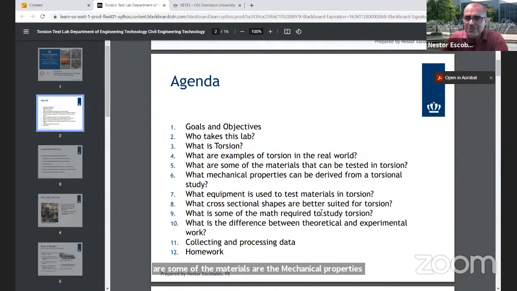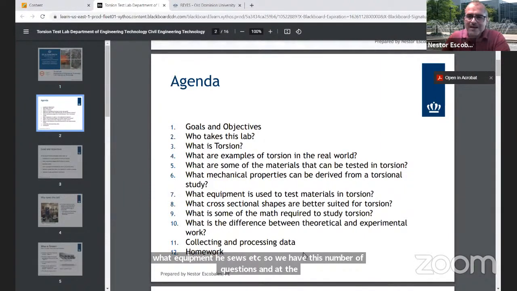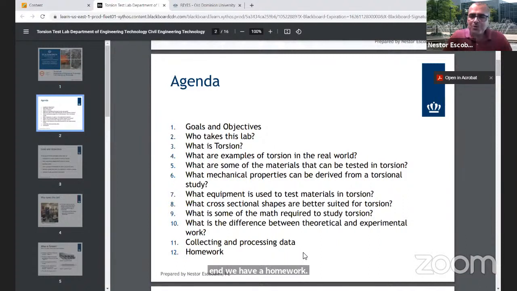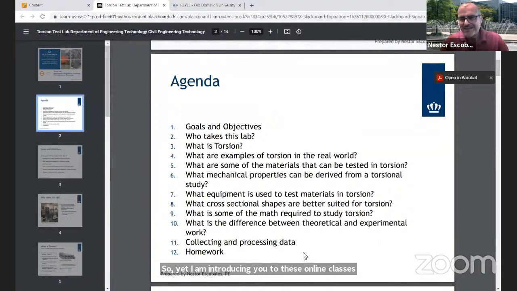What equipment is used, etc. So we have this number of questions, and at the end we have a homework. So here I am introducing you to this online class. I'm just giving you the tools, and then I want you to go separately and follow numerically those 3 videos in order, and then complete the homework.